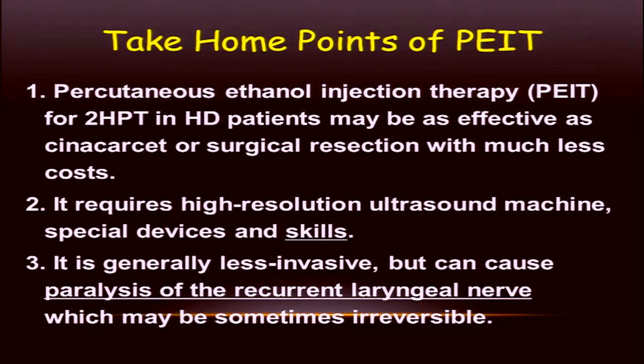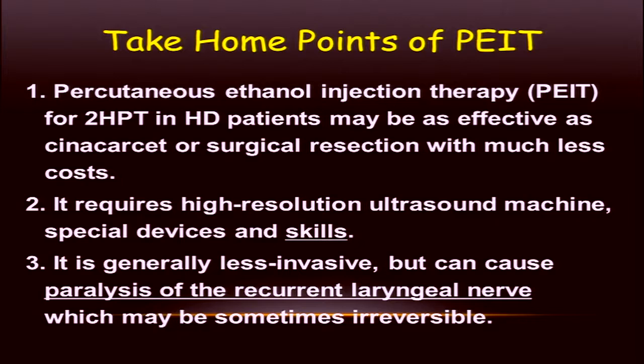But I would recommend that if somebody is interested in PATE, why don't you start with injecting vitamin D, maxacalcitol. There are some articles, so there is evidence. And maxacalcitol is benign.